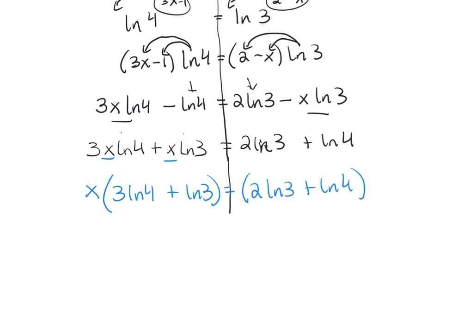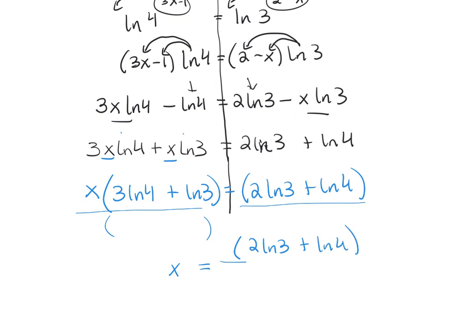And now, to get x by itself, we're going to divide both sides by this entire factor here. So x will equal 2 natural log 3 plus natural log 4, and we're going to divide that all by 3 natural log 4 plus natural log 3.